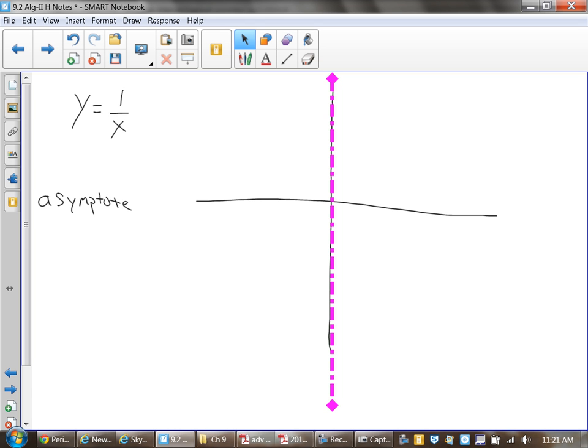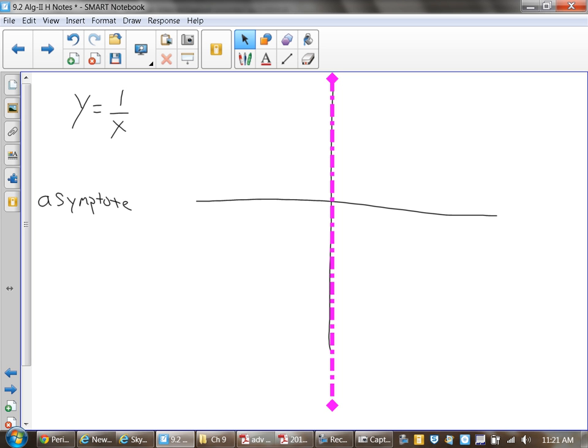So what happens here with these things is that there are asymptotes, and the asymptotes are boundaries that the graph approaches. We're going to have vertical asymptotes and horizontal asymptotes, depending on what the graphs look like. And as you start plotting these types of graphs, you always start by making tables. We'll pick some easy numbers.